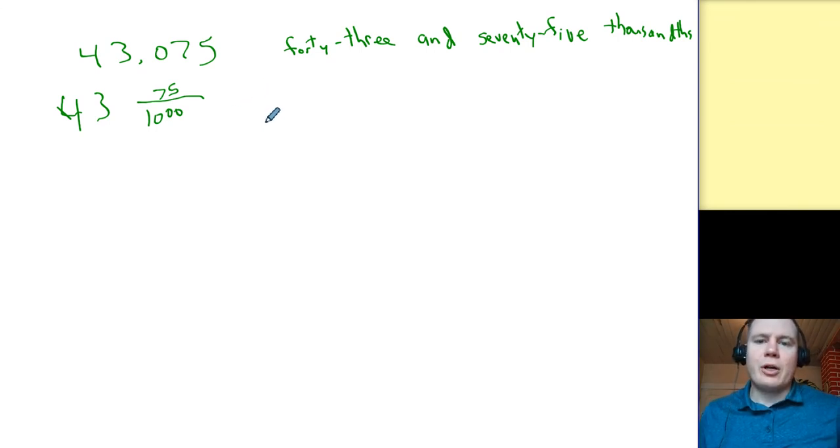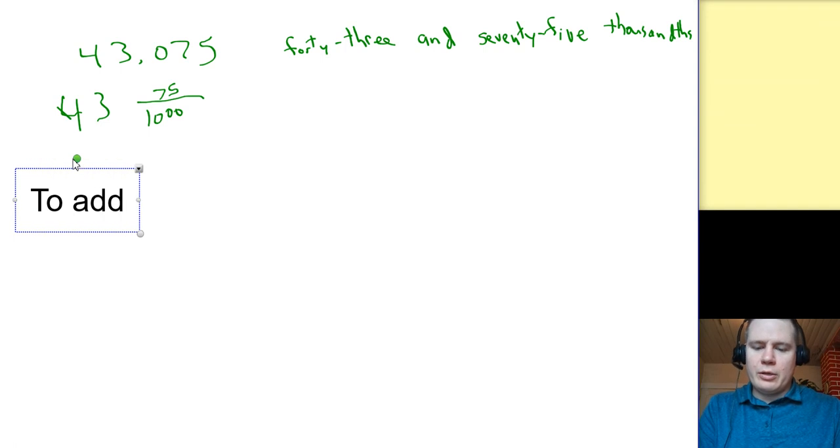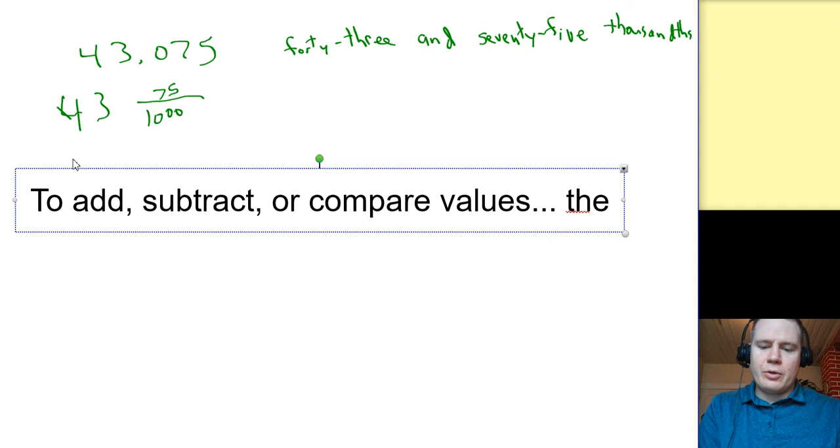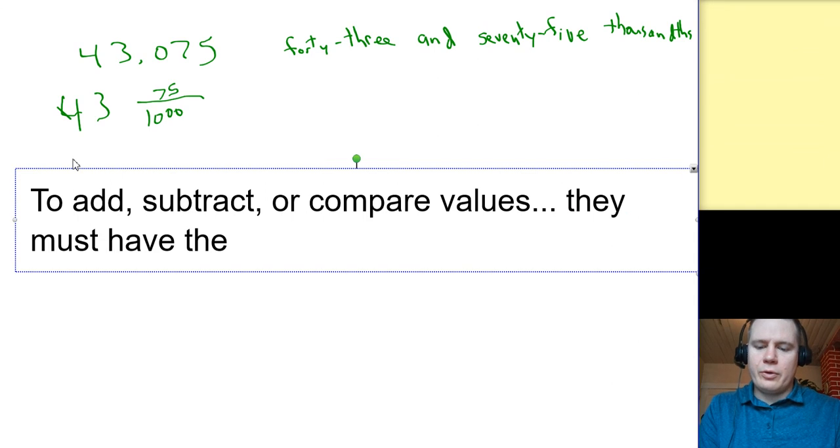It's based off of the same idea we've had for a while now, to add, subtract, or compare values. Remember how that finishes? They must have the same units. So our rules for adding, subtracting, and comparing decimals will require that those decimals have the same units.